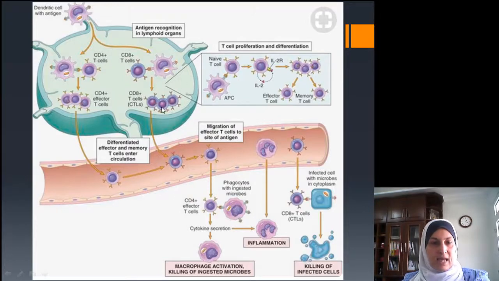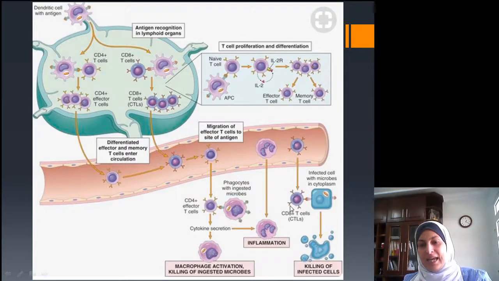And now these activated T cells, for example, here is a CD8 T cell, and here is a CD4 T cell. Now they are activated, ready to go, and they migrate to the site of infection or inflammation, attracted by certain cytokines and chemokines, and it will conduct its function here.